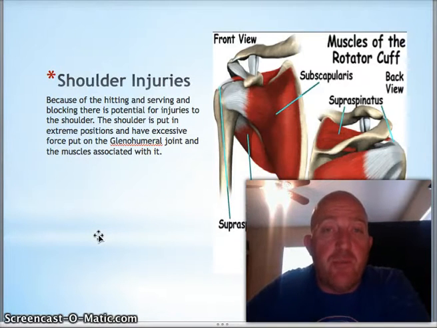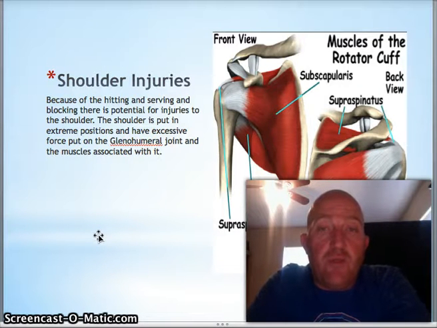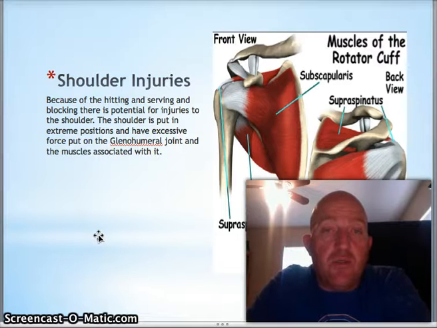Shoulder injuries are another big portion of volleyball because we always have our arms above our head for the different hitting, blocking, serving, setting. All of these could be putting our shoulders in very bad positions for force to be applied.